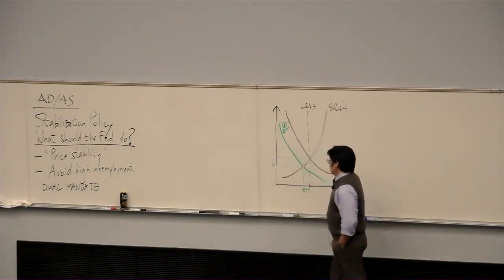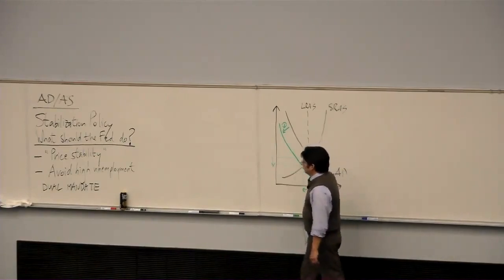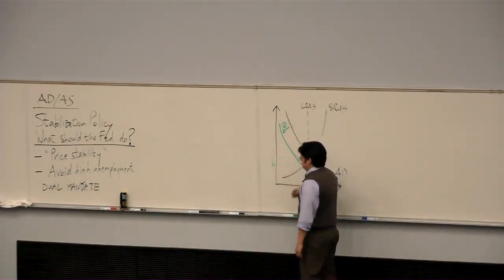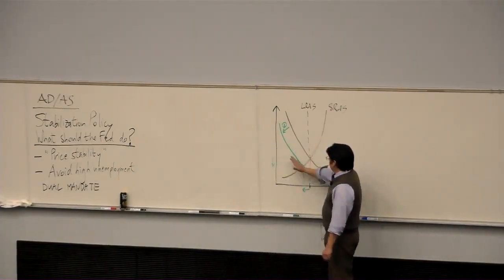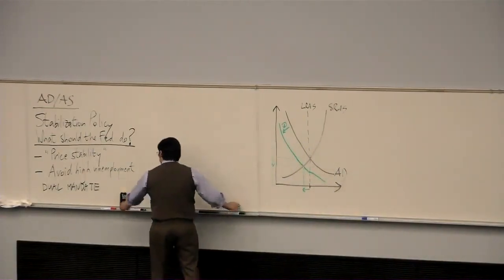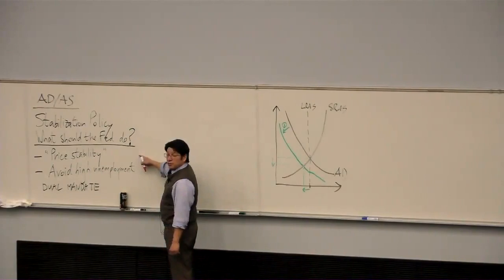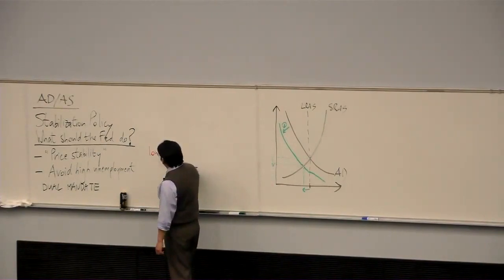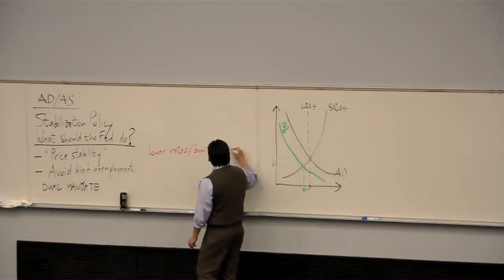So that means that what the Fed has to do in response to these changes is to try and move aggregate demand one way or the other. If the Fed wants to stabilize prices and get them back where they wanted, what does it need to do? It needs to push the demand curve this way, which means the Fed should boost spending, which means that they want to make interest rates lower or increase the supply of credit.